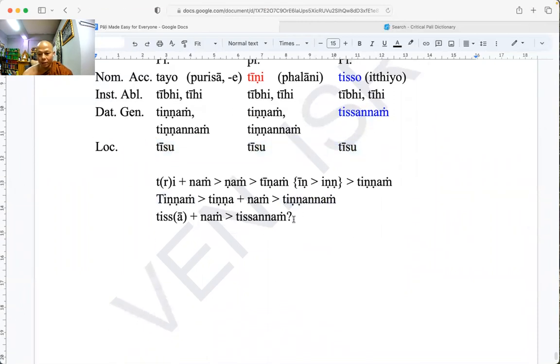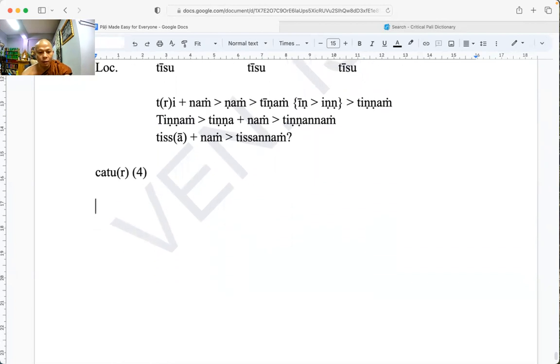And now the last one, chetu, which is actually chetur. So four. This chetu also can be masculine, neuter, and feminine, and all of them are plural.